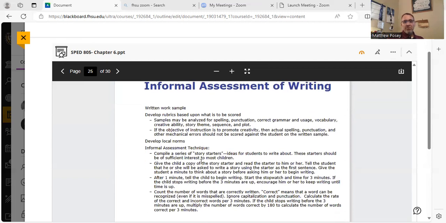Some other informal assessment techniques include providing a story starter, where you give them the first part of the story and the student has a set amount of time to be creative and develop the second half of the story. That's one way to do it.